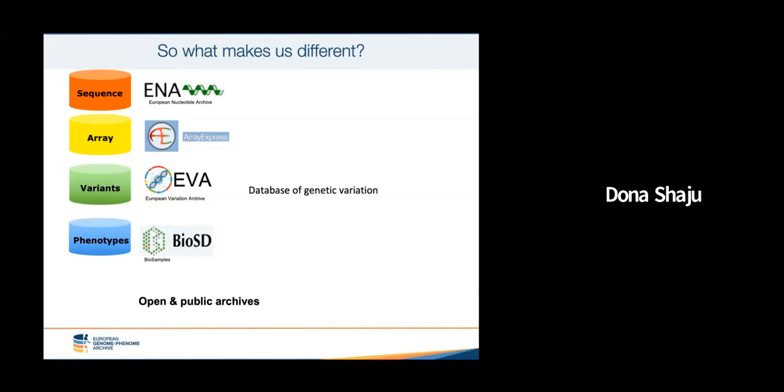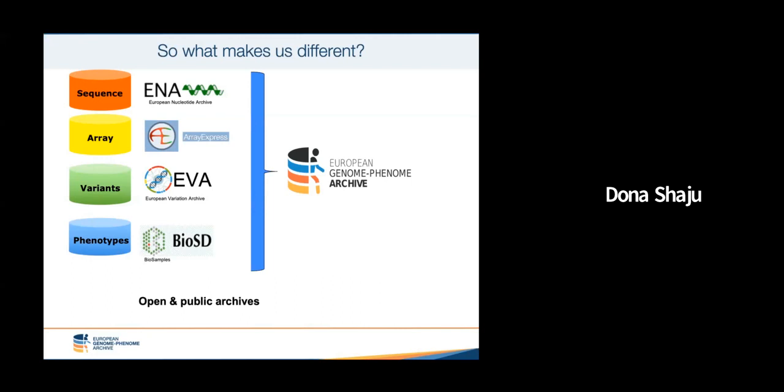We have the EVA for storing variation data, and we have BioSamples, which is a database describing biological samples. So all these resources are open and public archives. EGA, on the other hand, is a controlled data access archive, providing distribution of genetic and phenotypic data.